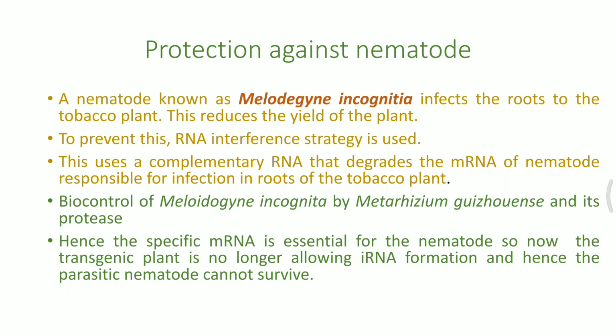Biocontrol of Meloidogyne incognita by Metarhizium and its protease is done. Hence, the specific mRNA which is essential for the nematode is no longer present in the transgenic plant, and hence the interfering RNA formation is not there. So we can expect that the nematode will no longer survive.